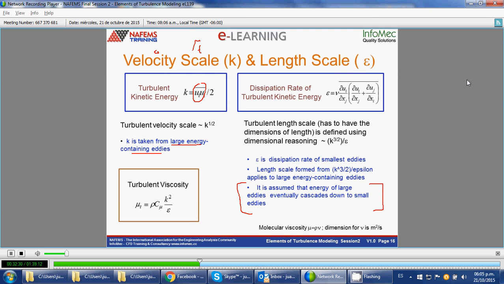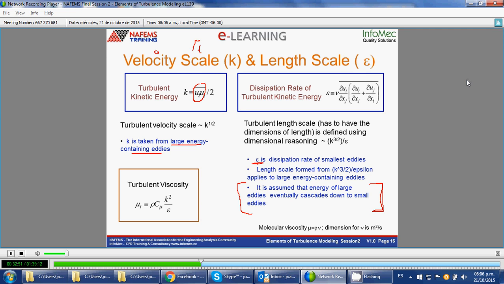So let me read here. It is assumed that energy of the large eddies eventually cascades down to small eddies. This is based on the Kolmogorov equilibrium assumption, that we could say epsilon, because we don't know what the small scale length scales are.